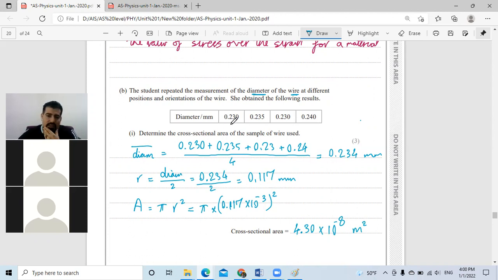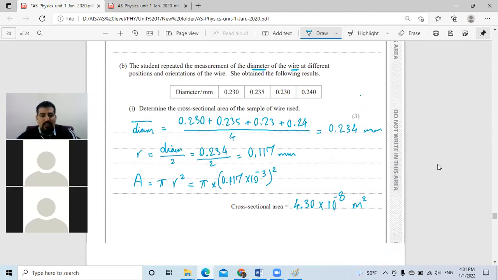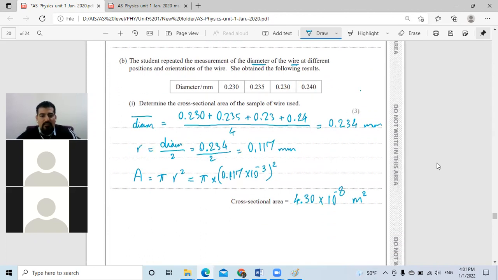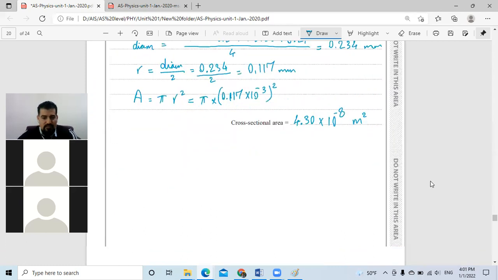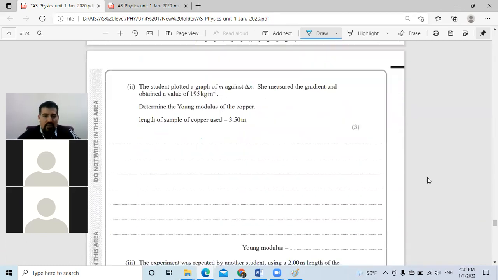Since they give us all the values in three significant figures, I can put three significant figures. So far, there is no problem in this question. Now, what do they ask here, part (ii).